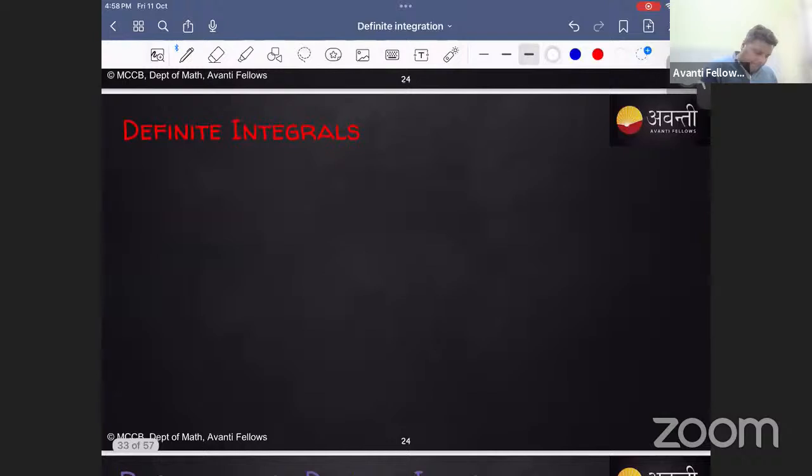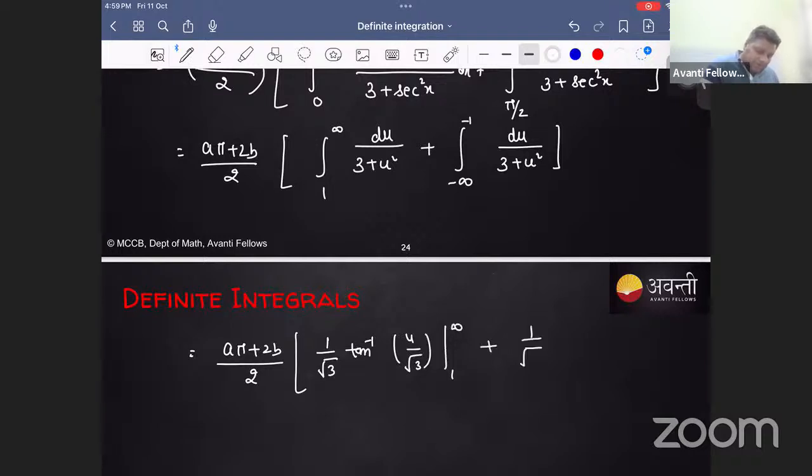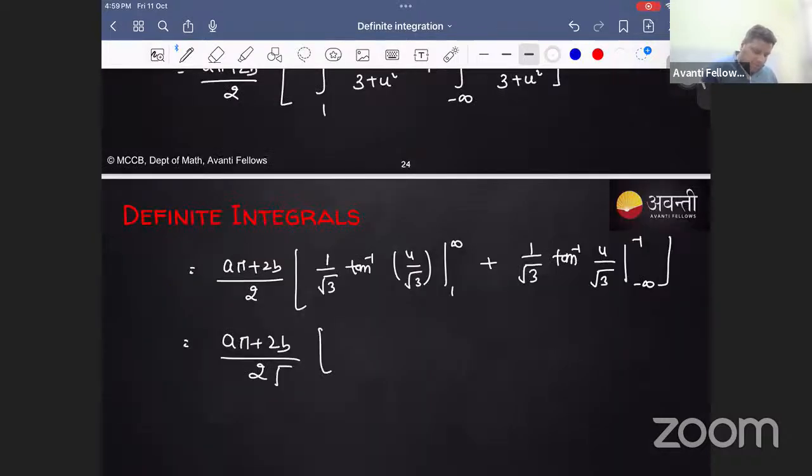Now, it is a pi plus 2b upon 2. Now, first will be what? 1 upon root 3 tan inverse u upon root 3 limit 1 to infinite plus this will also be 1 by root 3 tan inverse u upon root 3 limit minus infinite to minus 1. So a pi plus 2b upon 2, 1 by root 3 also came outside.